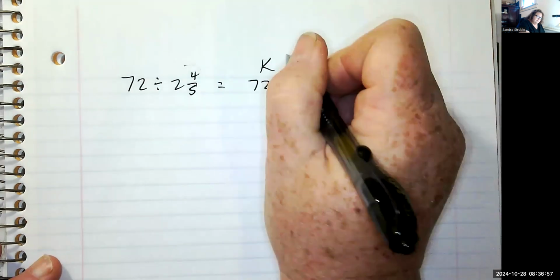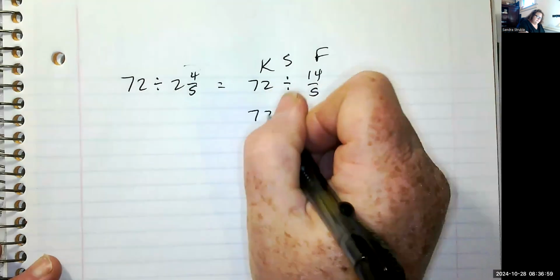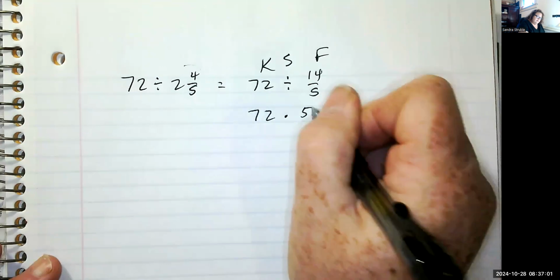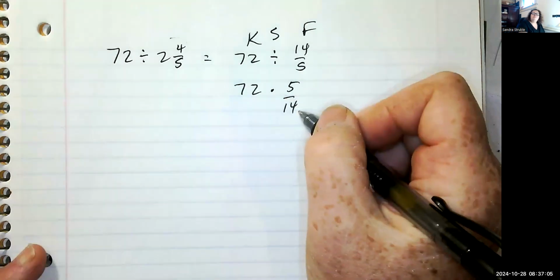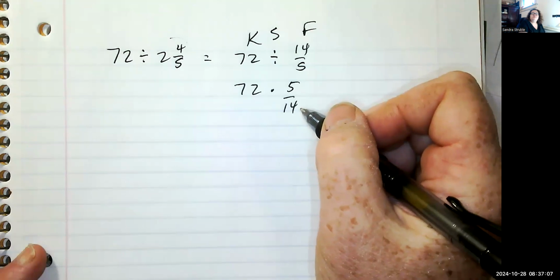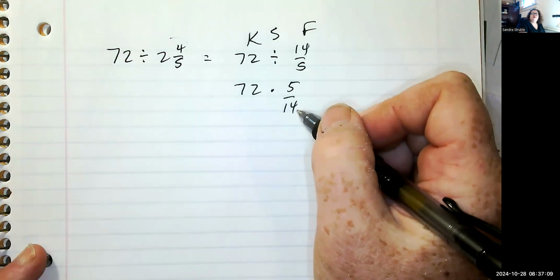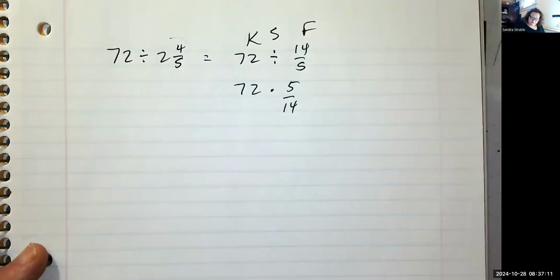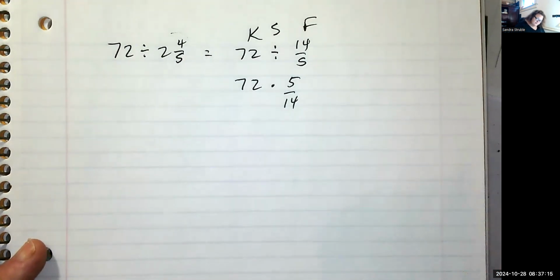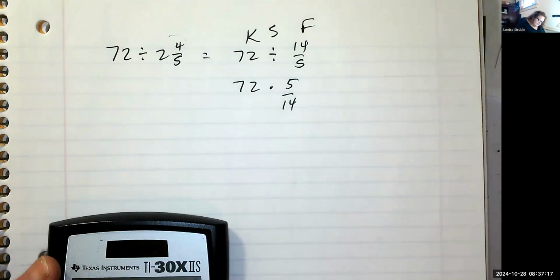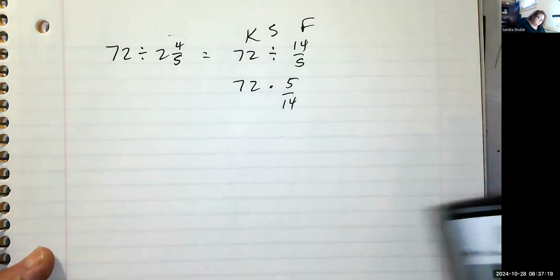Now we need to do keep, switch, flip. Reduce if possible. 72 and 14 are both going to reduce by 2. So it's just 2.